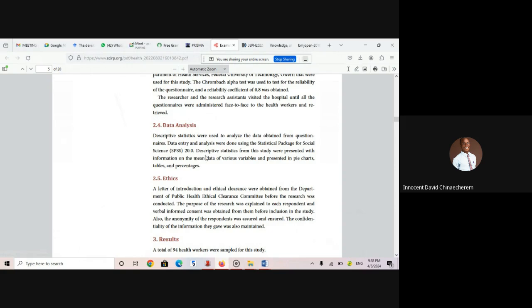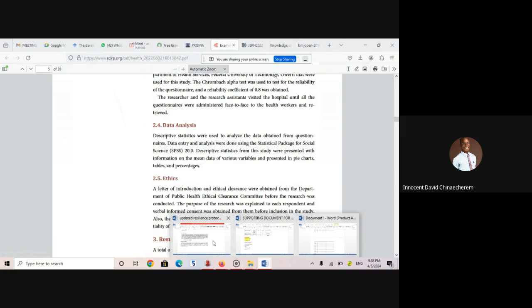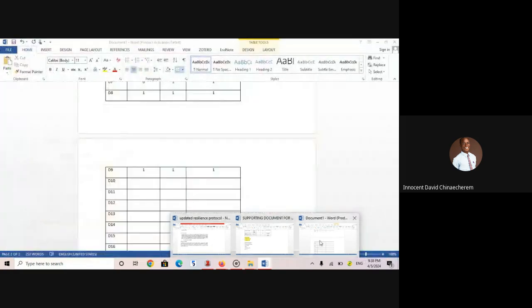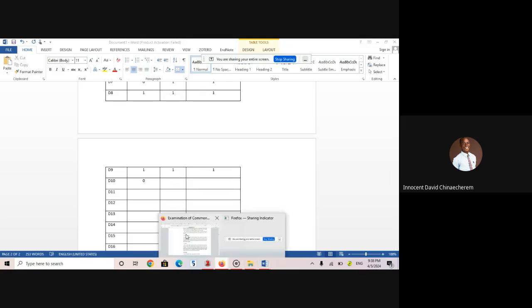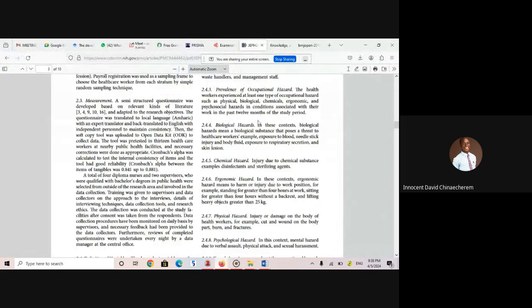So that is going to be 0, because I used what we call descriptive statistics. Now we go down here. You see that first of all, the alpha values were stated.